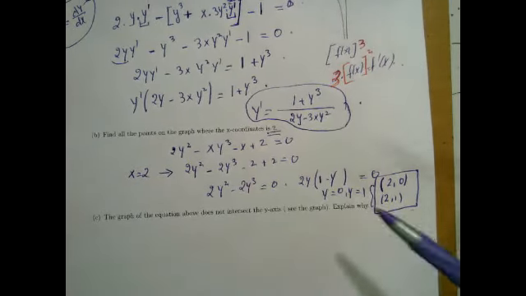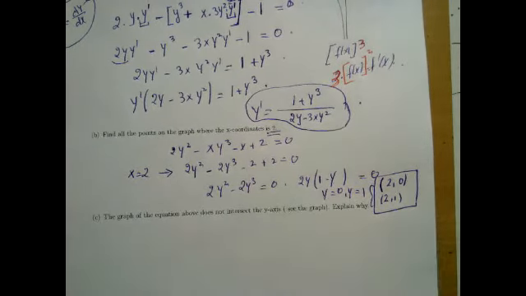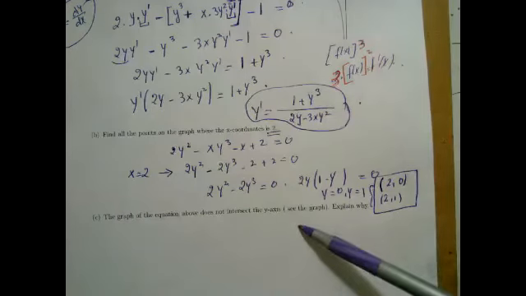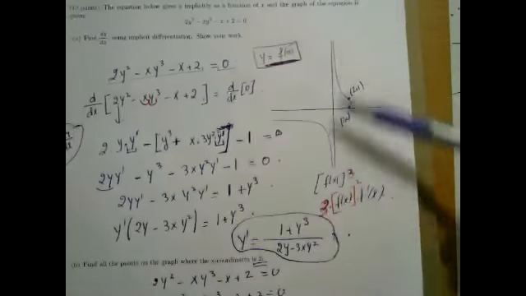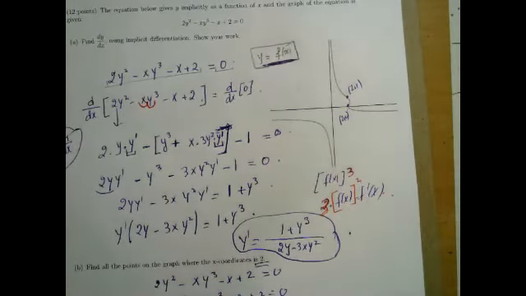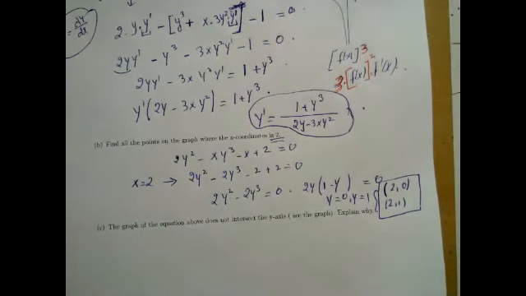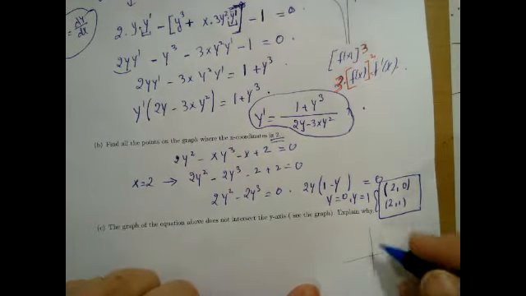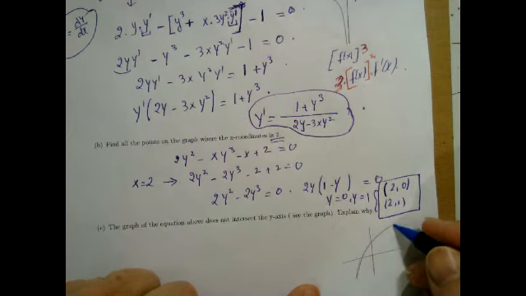Finally, I'm telling you that the graph of the equation above does not intersect the y-axis. So this is the graph, and it doesn't really cut the y-axis. There is nothing like that. And I'll explain why. Suppose a function intersects the y-axis.